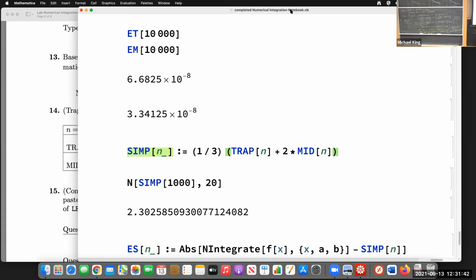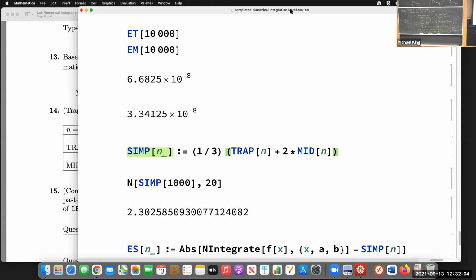So if this is Simpson's rule and I try it with 1,000 intervals, well, I can actually define the error. Here's the error.